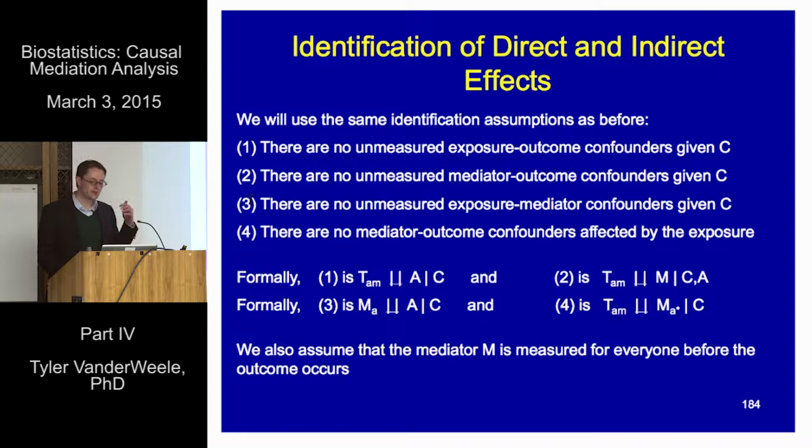Okay. So the assumptions we make are going to look very similar to what we had before. There's going to be one slight twist, which is what Sebastian was touching upon. We're going to make the same confounding assumptions: that conditional on the measured confounders we've controlled for, there is no exposure outcome confounding, mediator outcome confounding, or exposure mediator confounding, and none of the mediator outcome confounders are affected by the exposure.